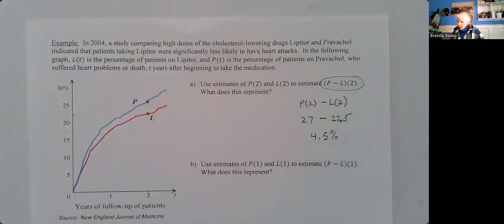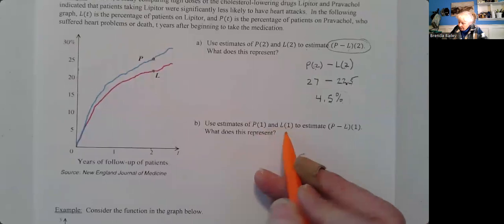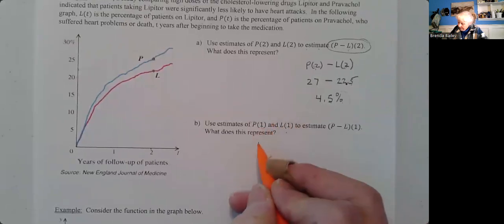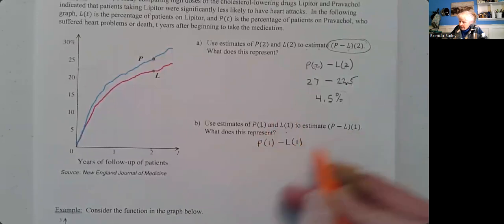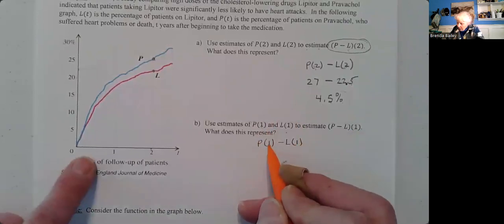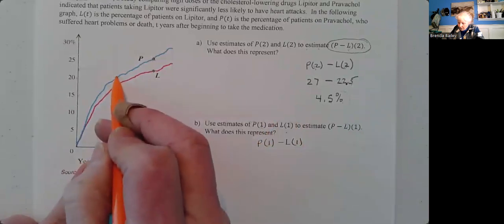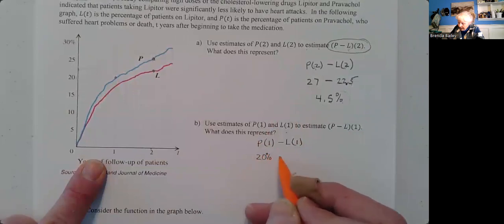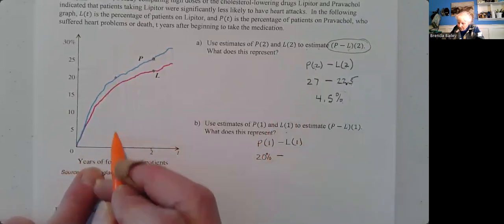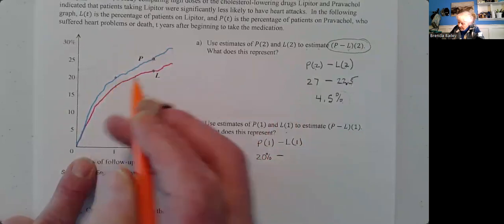Now, let's look at another one. Use estimates at 1. So at 1 year, we're going to take P of 1 minus L of 1. That's what that means. So we go to, let's see, P is 20% minus Lipitor after 1 year. Looks like we've got our 17.5.